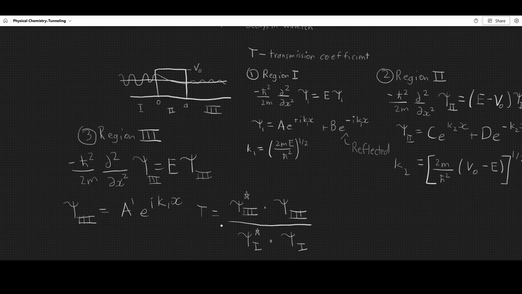Well, if you think back to what psi squared was, psi squared was actually psi star times psi, the complex conjugate times the other complex wave function. The whole point of multiplying these two was to get psi squared, which is essentially the probability distribution.